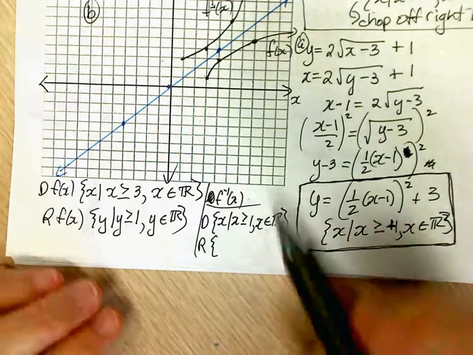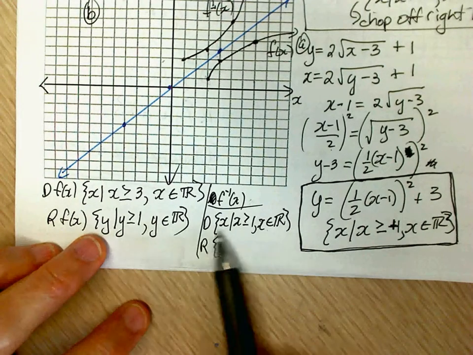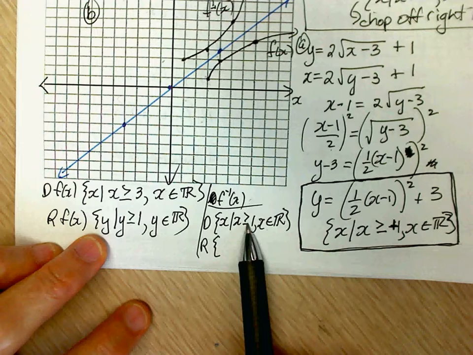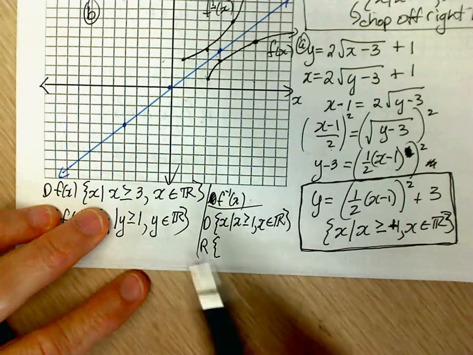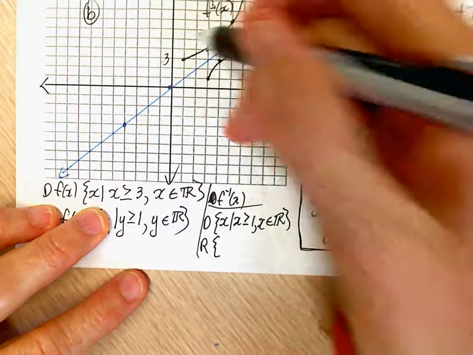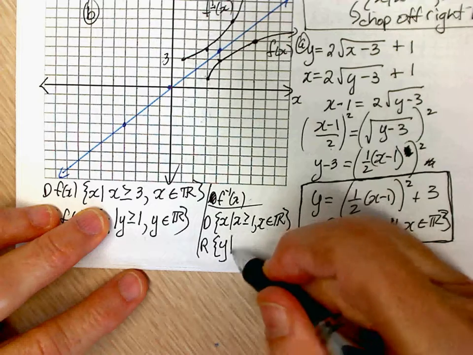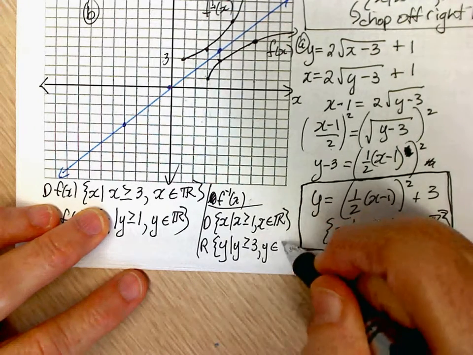Range of f of x becomes domain of the inverse. Domain of f of x becomes the range of the inverse. Y such that y is greater than or equal to 3. That was part C.